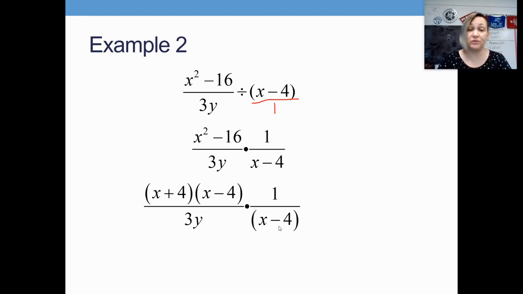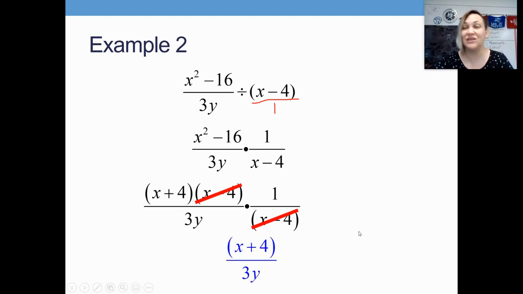And once I threw those parentheses around the x minus 4, now I can very clearly see that I have 2 parentheses with x minus 4s, and those can cancel. I'm left with an x plus 4 on the top and a 3y on the bottom, and so that is my final answer. And this concludes all the videos for this chapter.